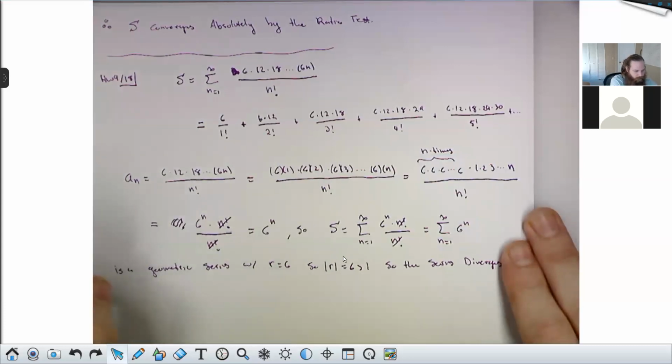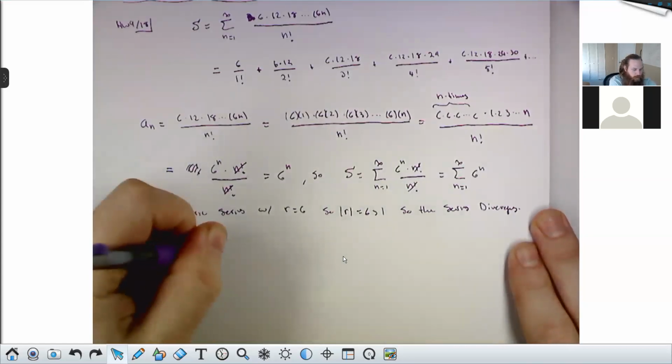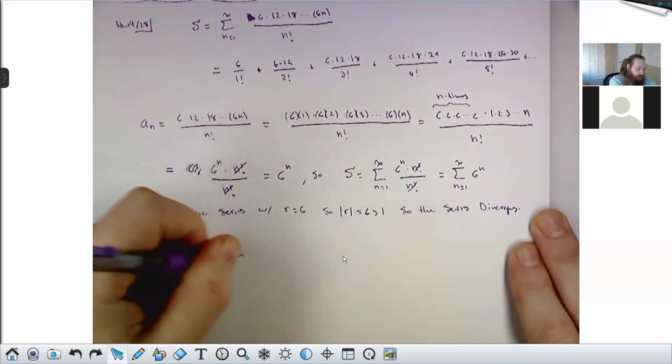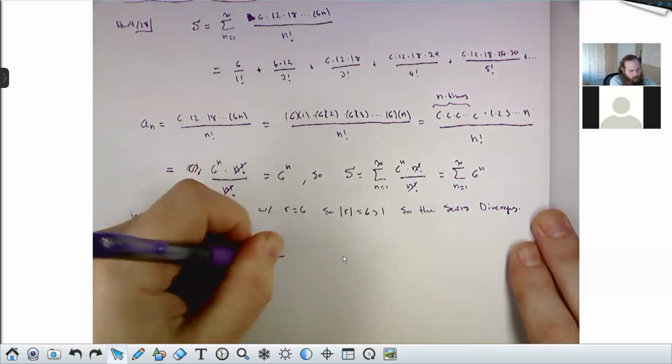The intended solution here is the ratio test. And because I think it's important to practice with factorials and factorial-like products, I will quickly run through that. L is the limit as n goes to infinity, absolute value, a_{n+1} over a_n.